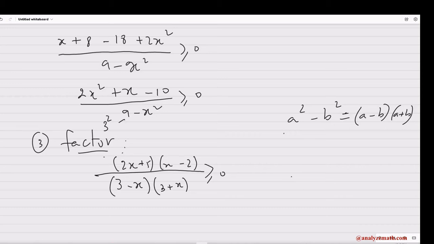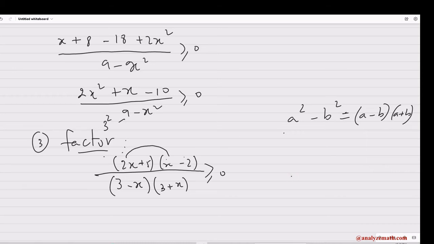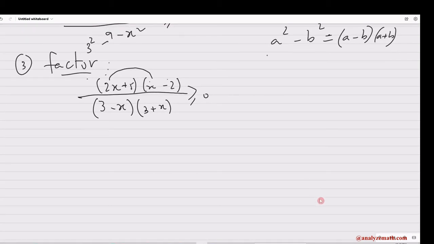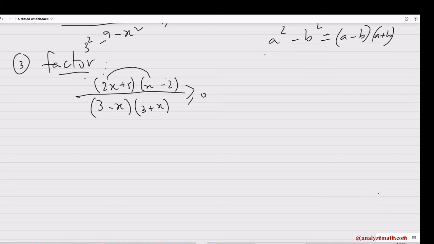Let's check this. 2x by x gives me my 2x², then I have 5x and then minus 4x. 5 by x is 5x, and then minus 4x gives me the 1x, and then 5 by minus 2 gives me my minus 10. This is correct factoring. So the factoring is done.